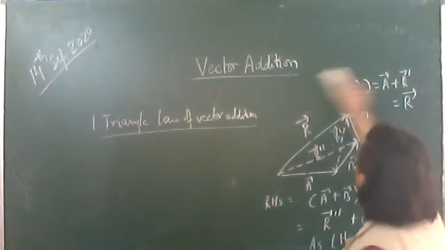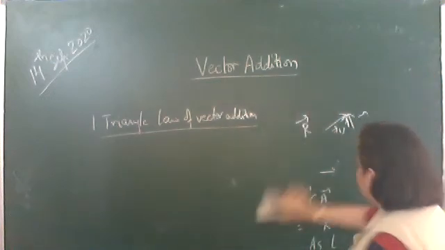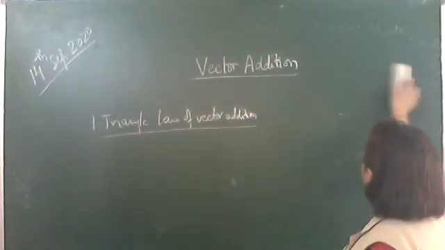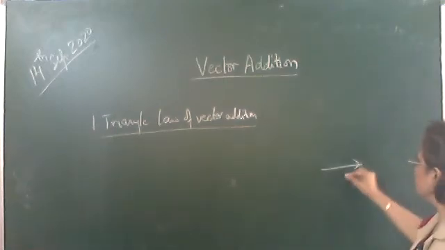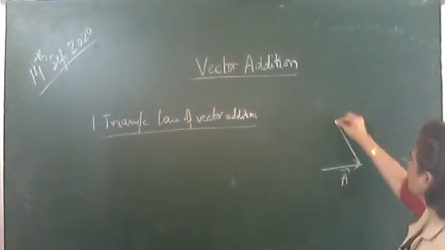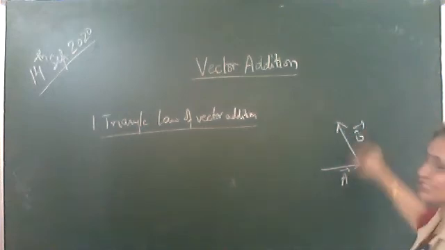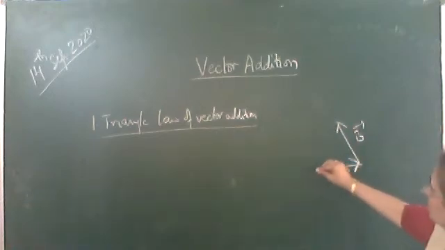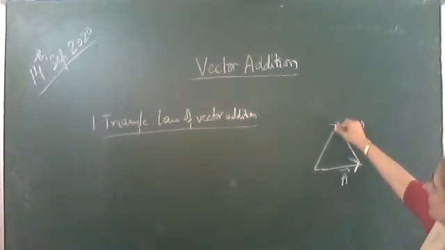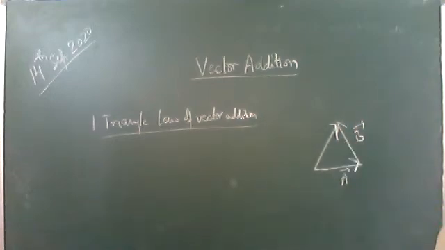Now let us try to understand what it states. If two vectors, let A and B, can be represented completely by the two sides of a triangle taken in the same order, taken in the same order means the arrows are one after the other, then their resultant is given by the third side of the triangle but taken in opposite order.